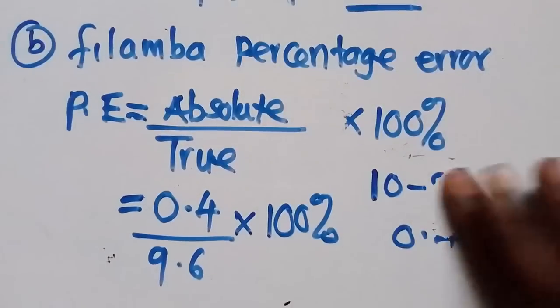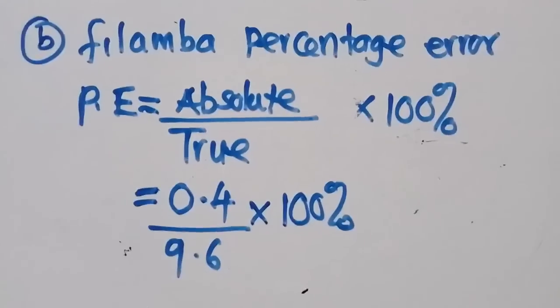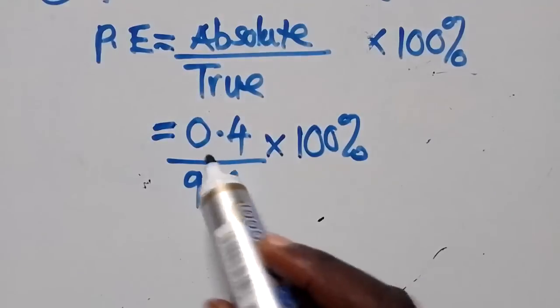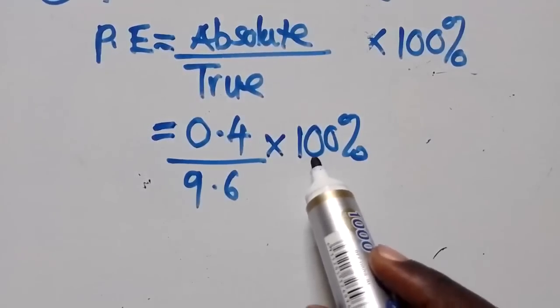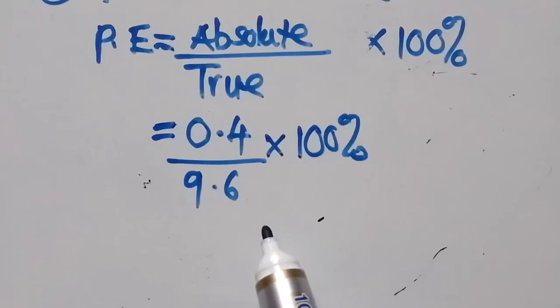So let me label this part. I've explained, and we are able to understand that. So what I need to do now is 0.4 times 100. What am I going to get if I multiply there?